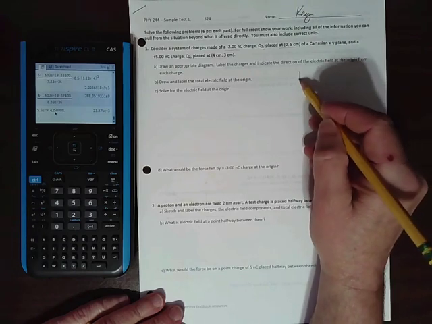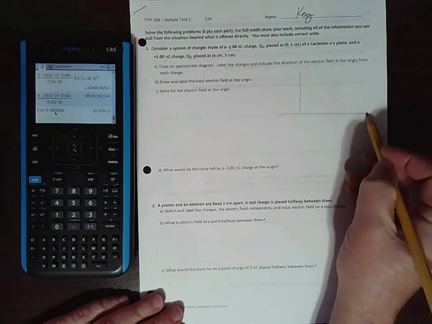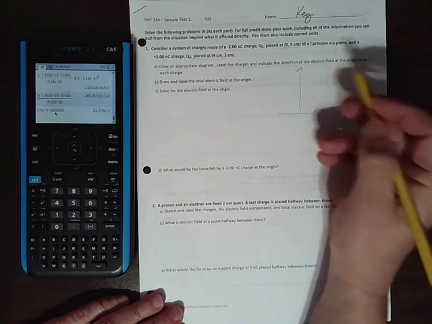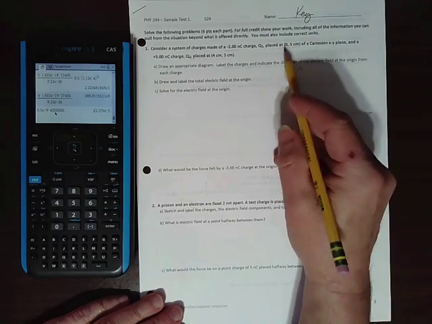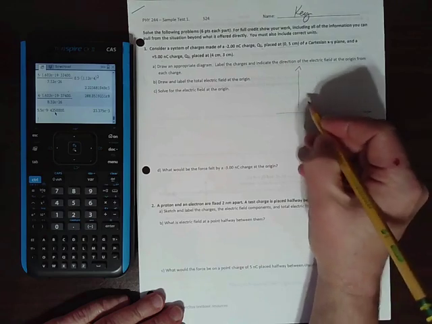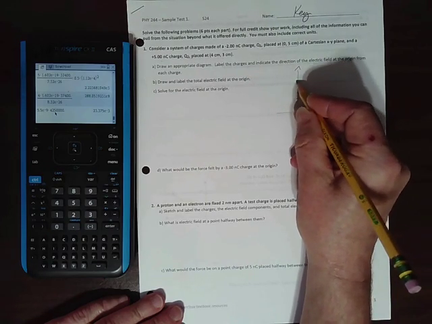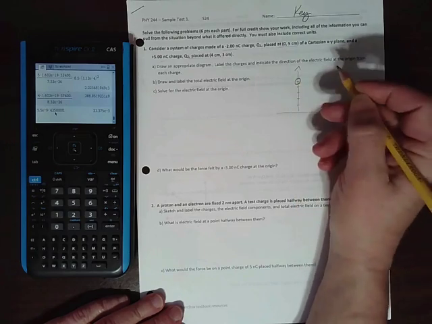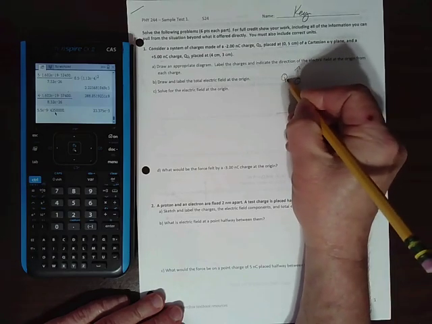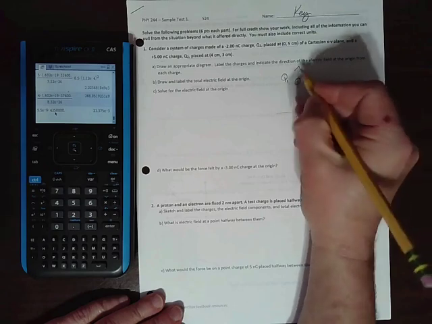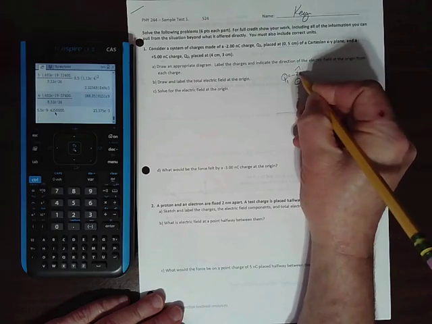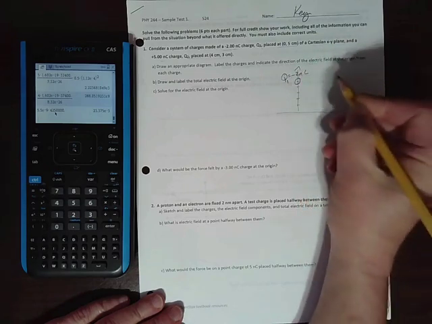Okay, we're in the positive first quadrant, positive stuff. The first one is at 0.5, so let's say this one is Q1 and it's -2 nanocoulombs.